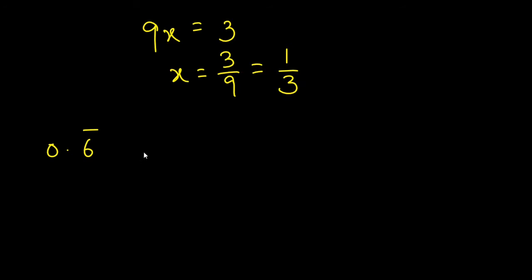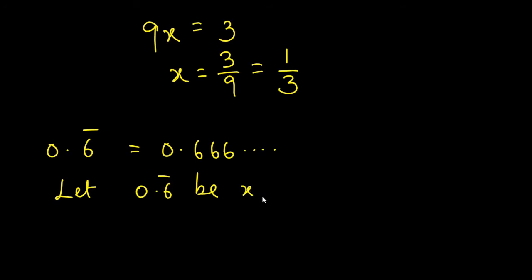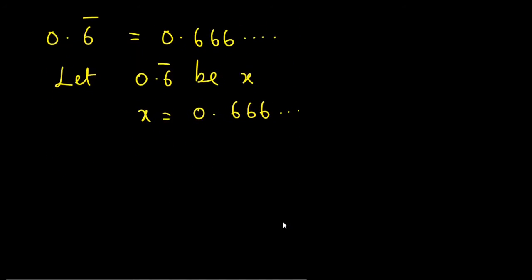0.6 bar. This means it is 0.666 getting repeated. Let 0.6 bar be x. Then x is equal to 0.666 etc. getting repeated.